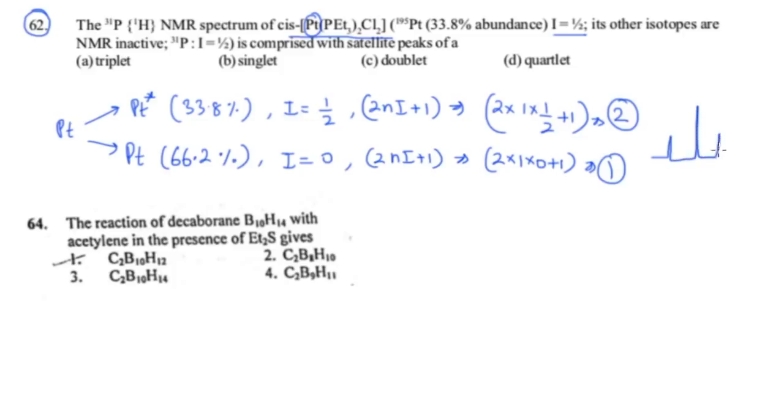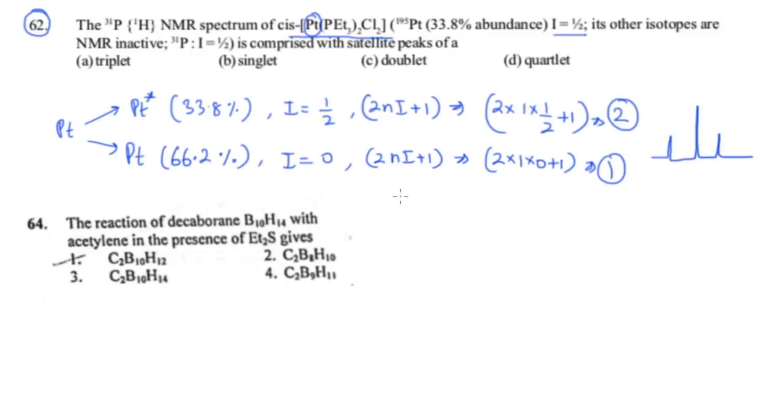Okay, why is it so? These two peaks which you are looking at here are your small peaks, because that is splitting into a doublet. And this single, long peak is because of the NMR inactive one. Now why is this longer and the others smaller? That is because of relative abundance. The intensity or height of the peak is defined by the abundance of that particular isotope.